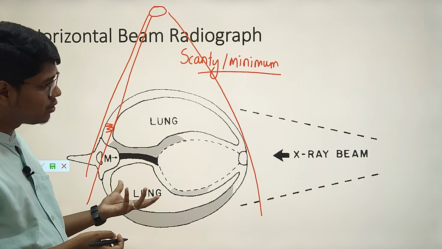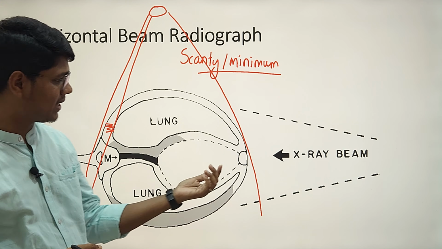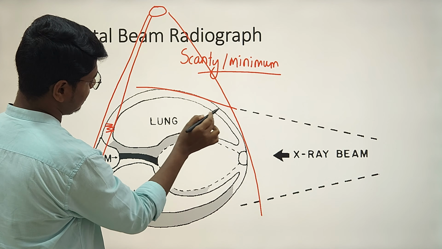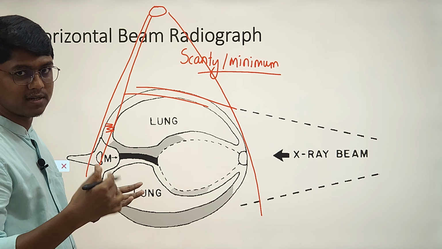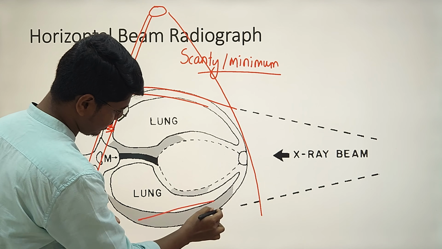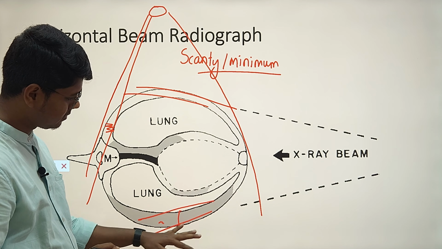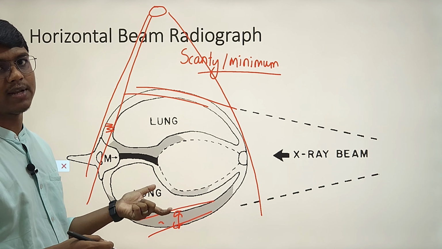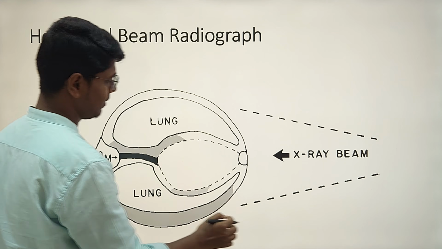So what you can do, you can simply change the direction of the X-ray beam, you make it horizontal. When it is made horizontal, maybe this particular side will not have any pathological sign in radiology, but what about the dependent one? When the fluid is there, then you will find the fluid-lung interface, so that you can identify the fluid as well as the lungs. Okay, let us see some radiographs.